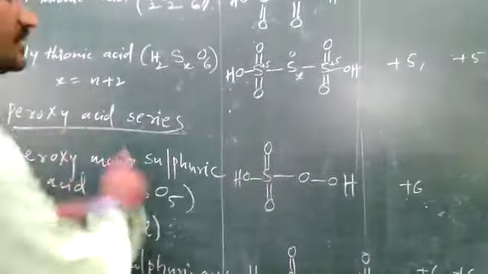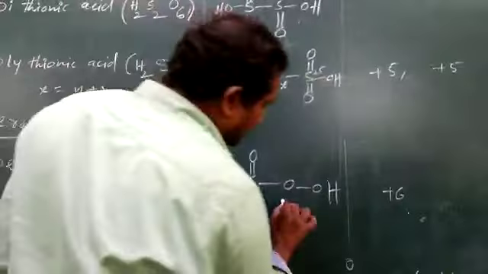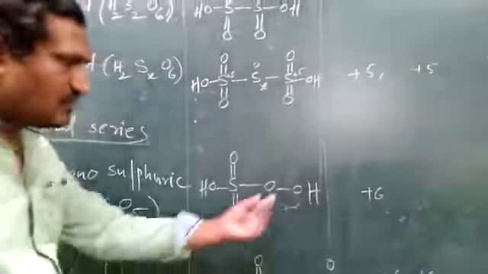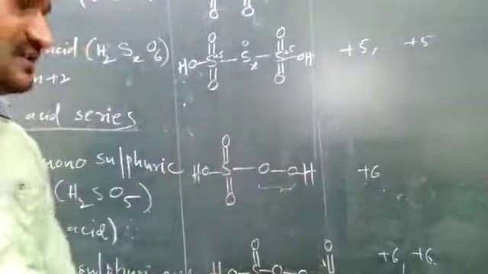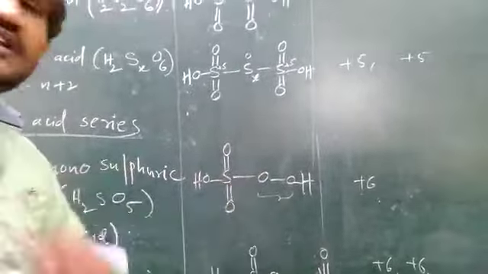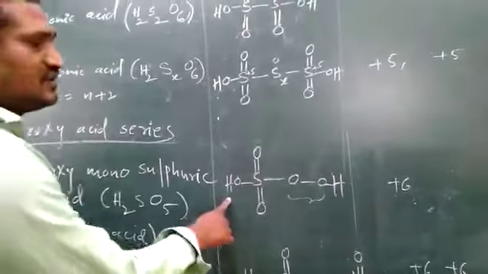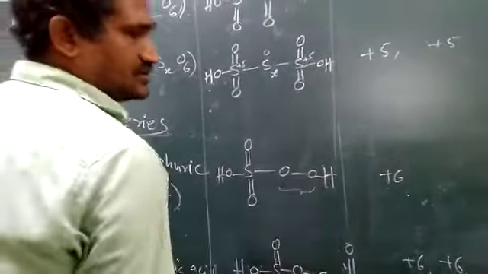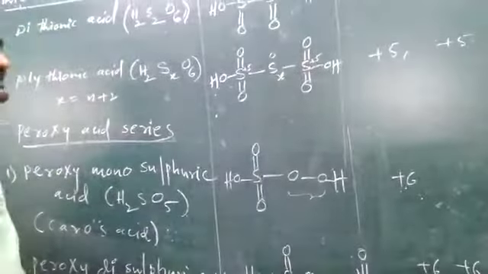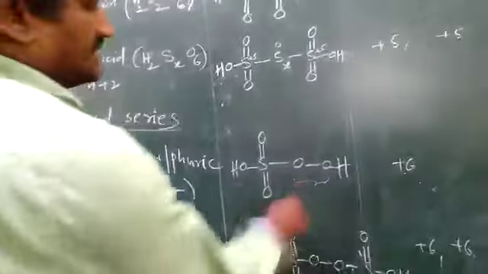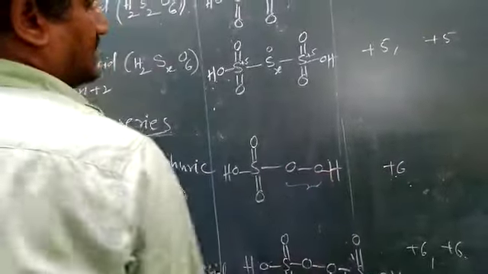Peroxy means there is an O-O single bond, which is a peroxy link. Here there are two OH groups, and the middle sulfur oxidation state is +6.